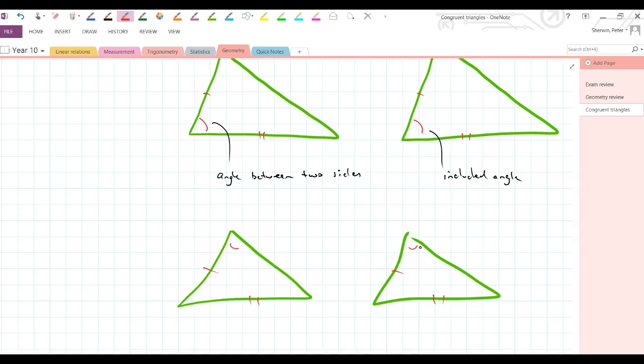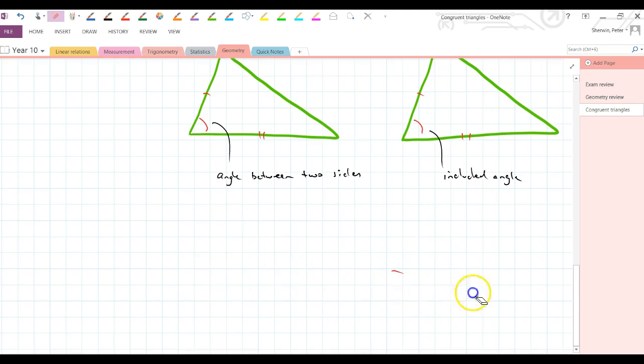I've got 3 equal statements. This equals this, this equals this, this equals this, but they're not in the configuration we need, because I could conceivably draw 2 different triangles with that information. So this does not prove congruency because the angle is not included. So no good there, it has to be in there. Okay, so keep that in mind as we go forward.